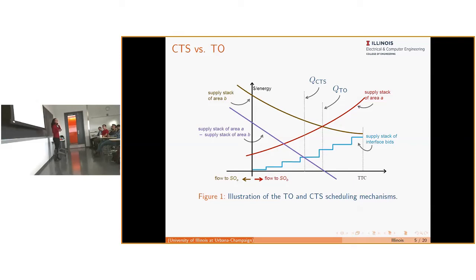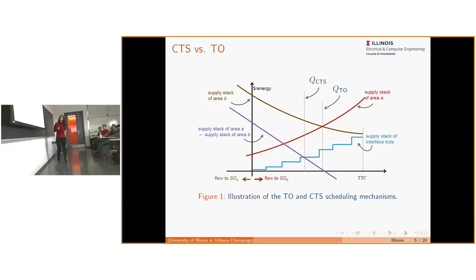And because they bear no physical responsibility of the delivery of power, this type of participants are often referred to as virtual bidders, and this type of bidding is many times referred to as virtual bidding.